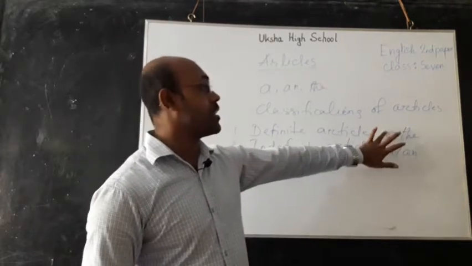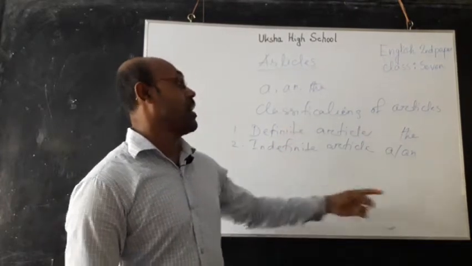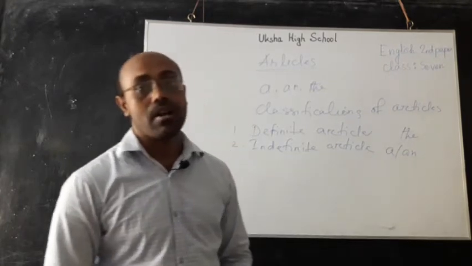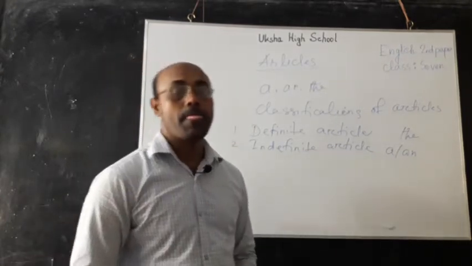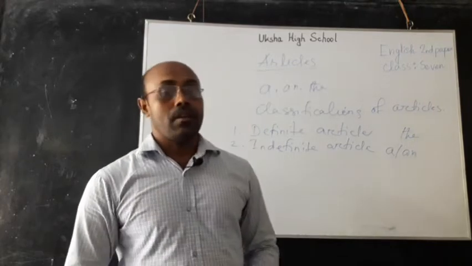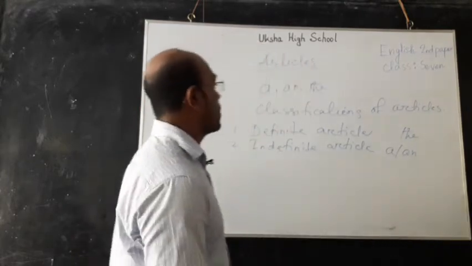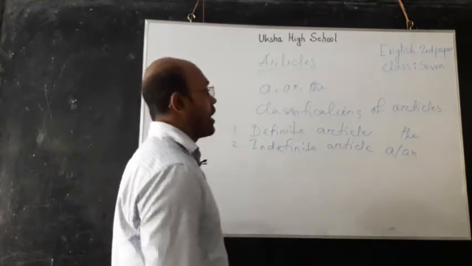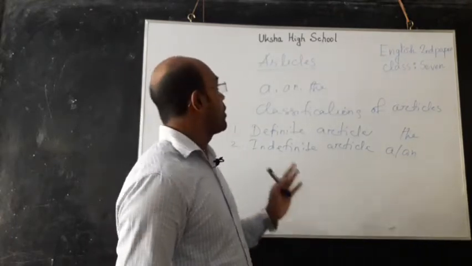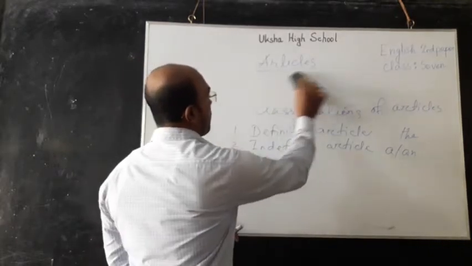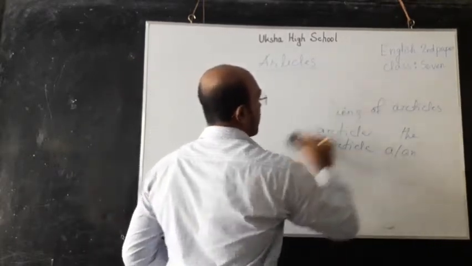The word the is called the definite article, and the words a and an are called indefinite articles. So students, now I am going to teach you some rules and examples for learning articles.